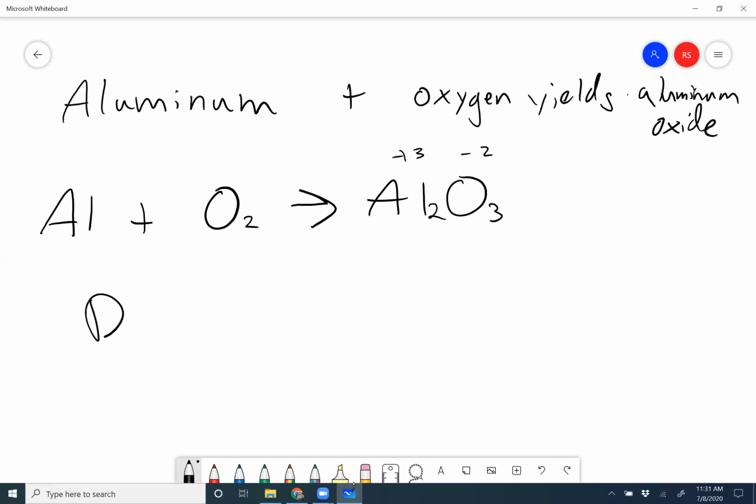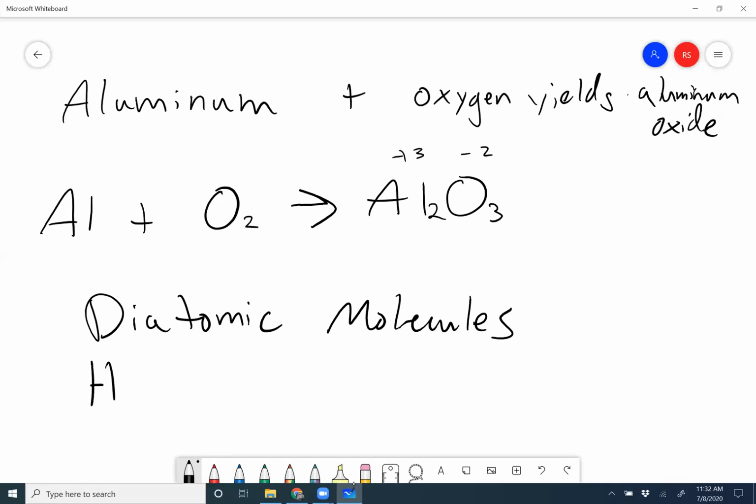So if you want to know what are the diatomic molecules, there's only 7 of them. You can write it on your periodic table if you want. Hydrogen is an element that exists as H2. Then it just basically goes across the period. Then we have nitrogen, then we have oxygen, and then we have fluorine.